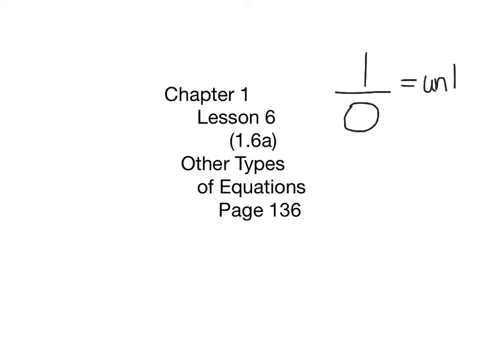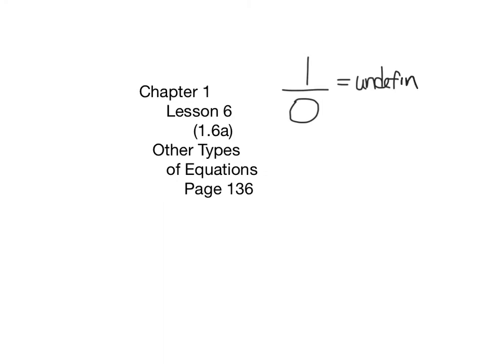So remember, a 0 in the denominator of a fraction makes that fraction undefined. So just remember that. And this is why we're going to have to find the values of x that we're going to exclude that would make the denominator a 0.